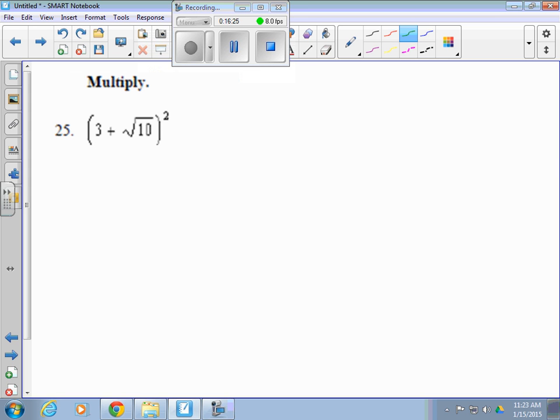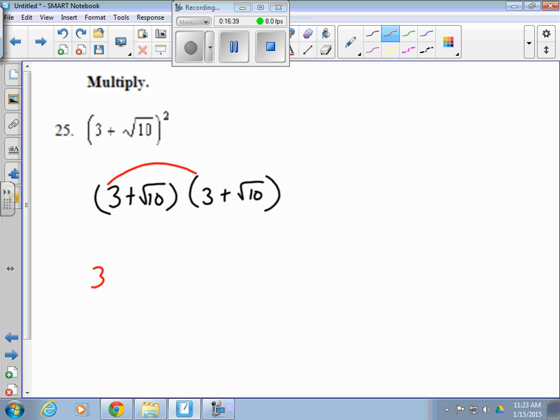25th, multiply 3 plus the square root of 10 squared. That means 3 plus the square root of 10 times 3 plus the square root of 10. FOIL, 3 times 3. 3 times the square root of 10 plus 3 square root of 10.